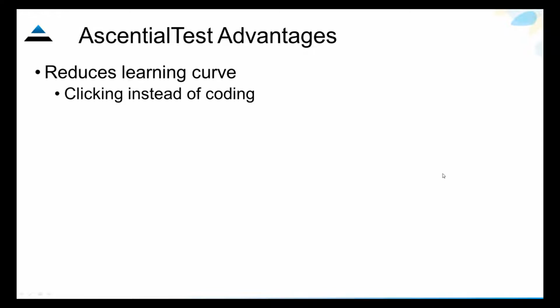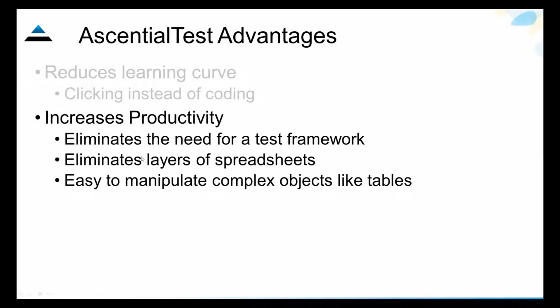Some of the advantages are that we've reduced the learning curve. We're clicking instead of coding. We've increased your productivity by eliminating the need for you to create a framework. With other tools, you may spend weeks or months just creating the framework before any tests are developed. It eliminates these layers of spreadsheets that you see with some testing tools.